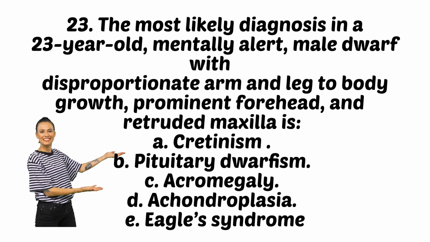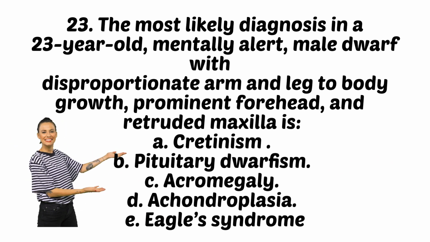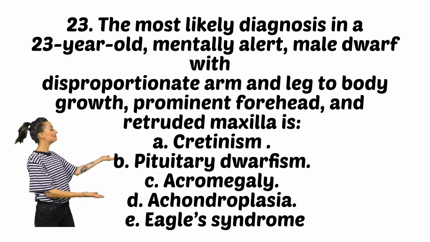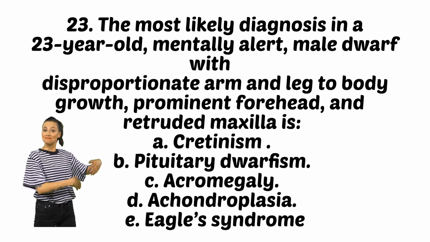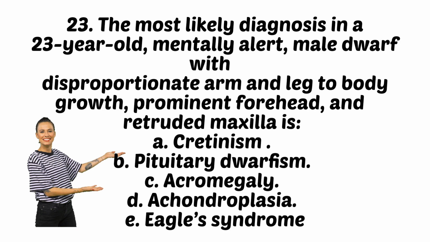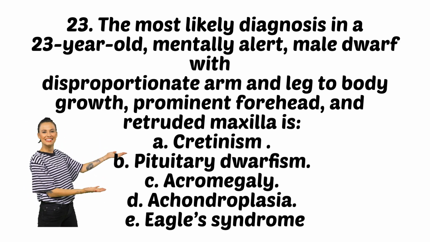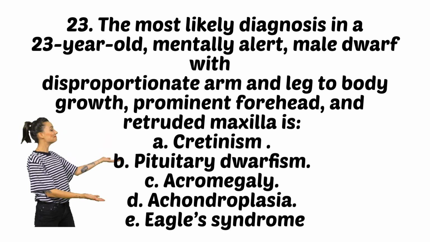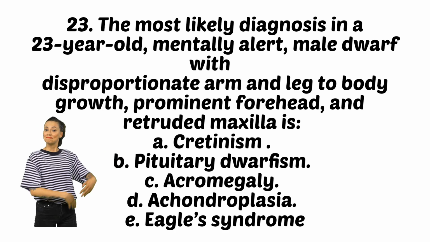The most likely diagnosis in a 23-year-old, mentally alert male dwarf with disproportionate arm and leg to body growth, prominent forehead, and retruded maxilla is: A. cretinism, B. pituitary dwarfism, C. acromegaly, D. achondroplasia, E. Eagle's syndrome. Option D is correct. Achondroplasia.